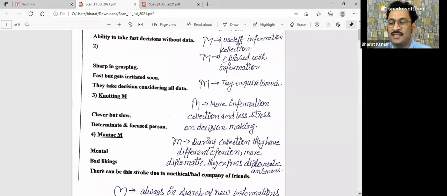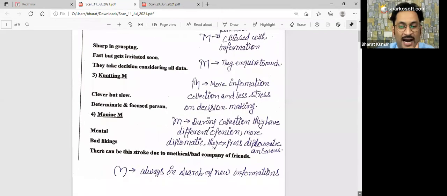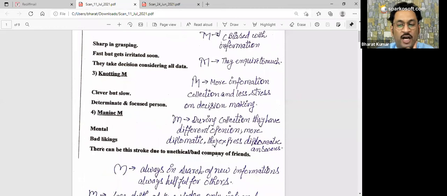Now check this kind of M. The first side of M has an upper curvature loop, and the second side is balanced. Is there anyone who is using this kind of M? If you are using this kind of M, the first side has an upper curvature, looks like an incomplete A, and the second side is balanced, then there is more information collection and less stress on decision making.